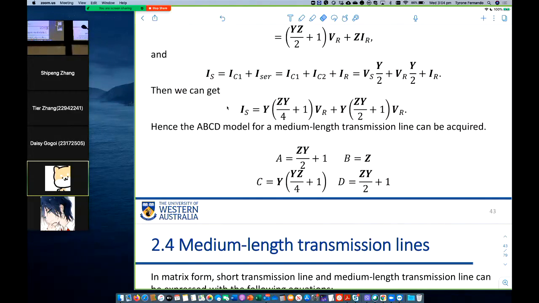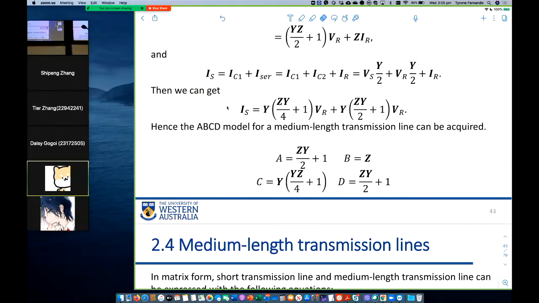The value for B is simply Z. Then the values for C and D can be derived as well. They are in terms of Z and Y, and we know what Z and Y are. Z is the series impedance on the pi, and Y is admittance, right? Because Y on 2 is on either side.